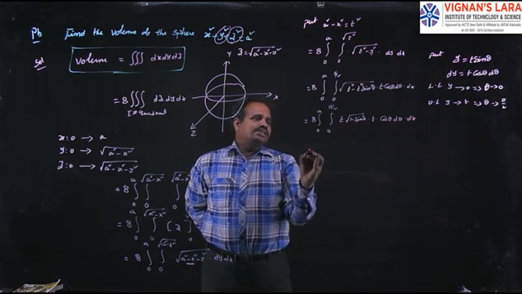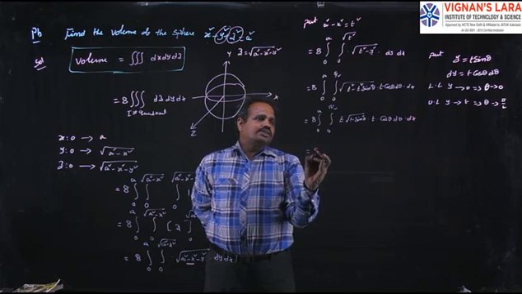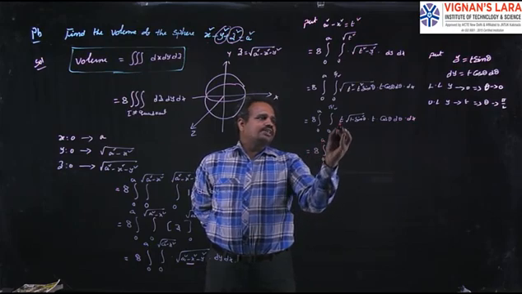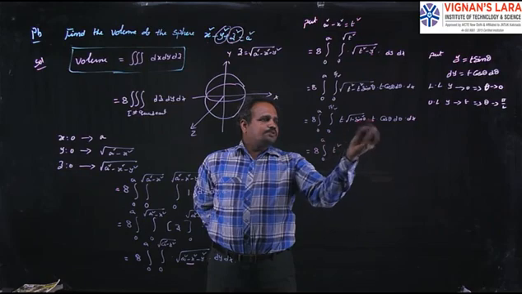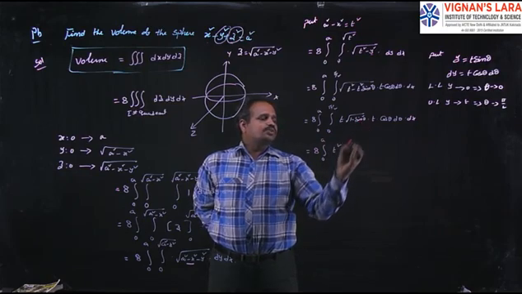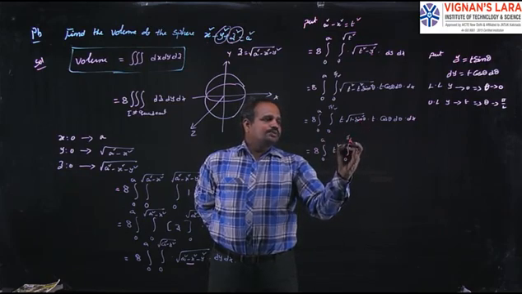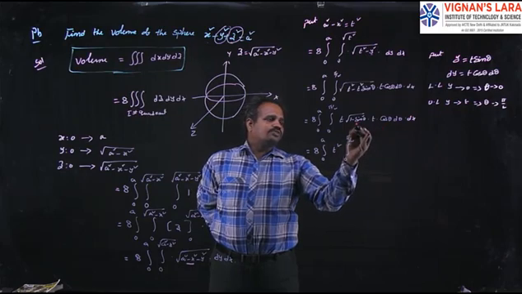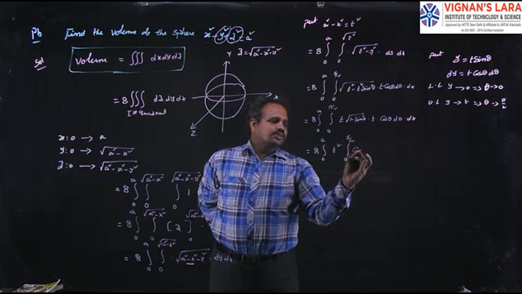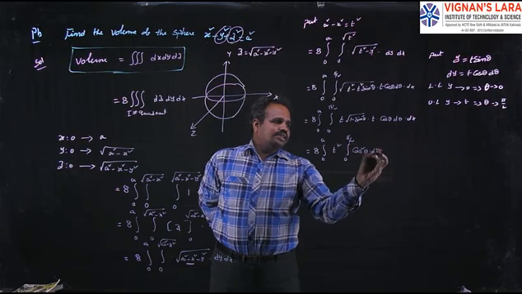So t into t, t square. So here integral 0 to a, t square becomes constant with respect to theta integration. 1 minus sine square is cos square, 0 to pi by 2, square root of cos square is cos. Cos into cos, cos square theta d theta into dx.